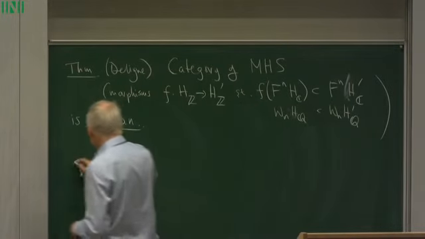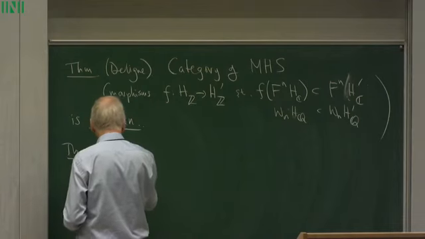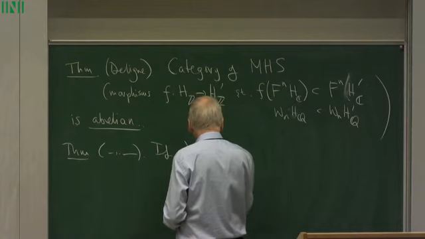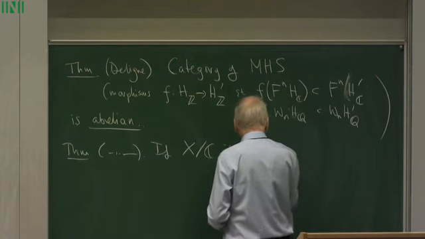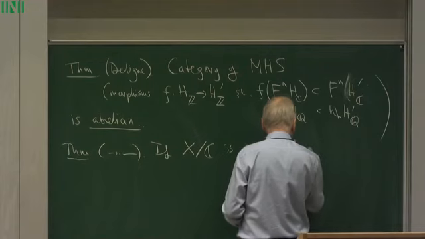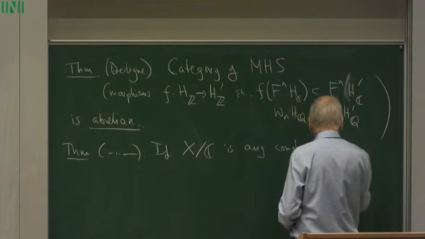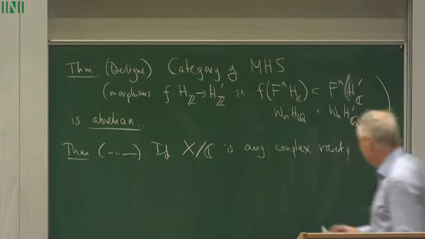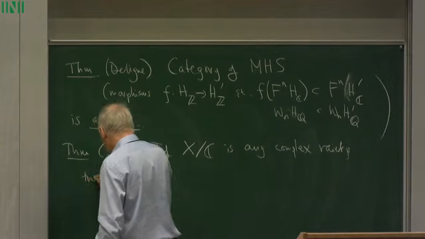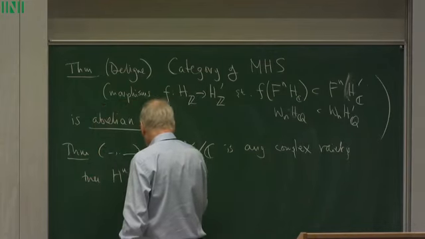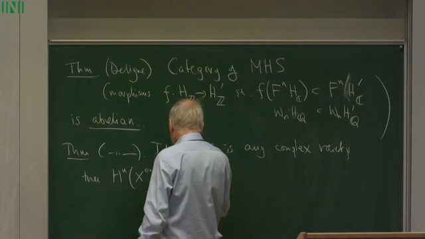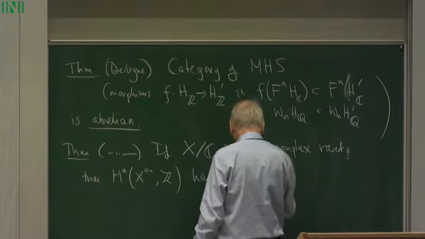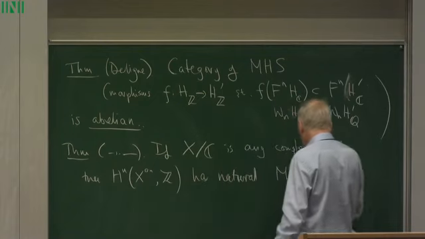And then the other theorem, also by Deligne, is that if X is any complex variety, okay, any reduced scheme of finite type over C, then the cohomology of X has a natural mixed Hodge structure.